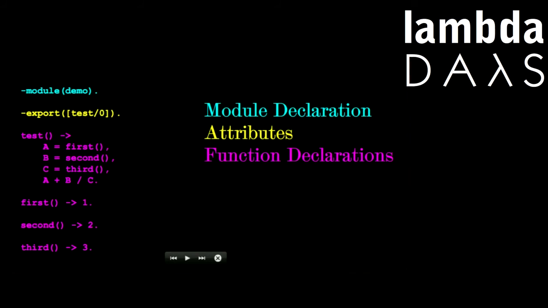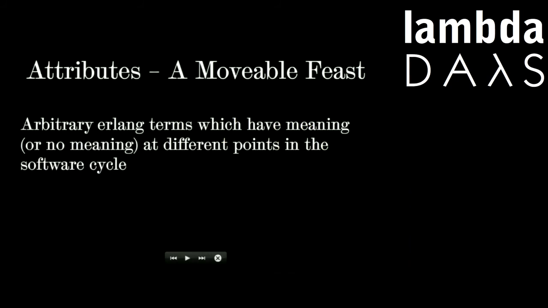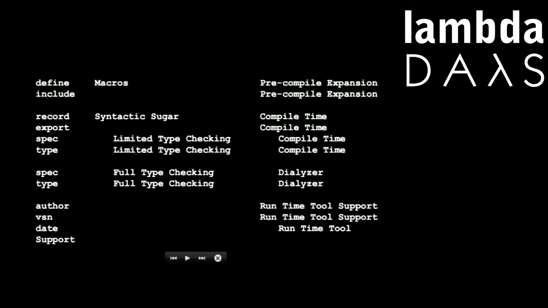And the attributes are one of the hidden gems of Erlang. Essentially, they're arbitrary Erlang terms which have a meaning imputed to them at a different point in the software cycle. So the standard ones you're likely to see are define, include, export, spec, type, author, date, version.